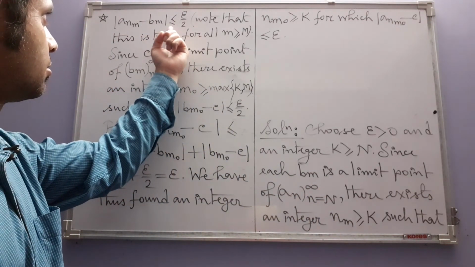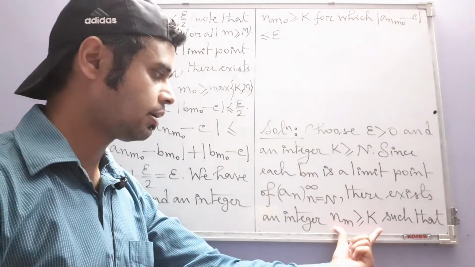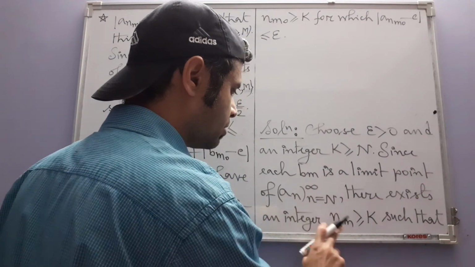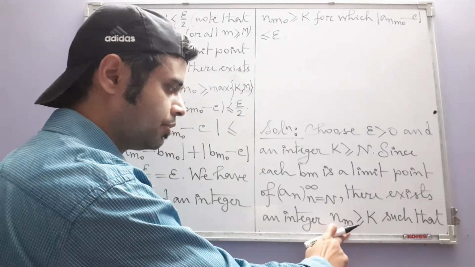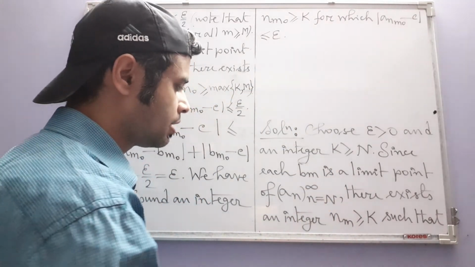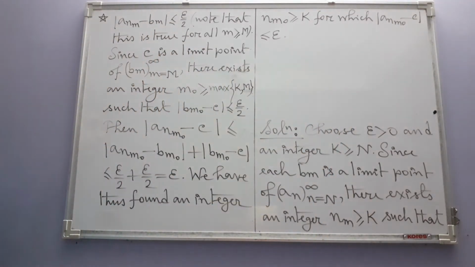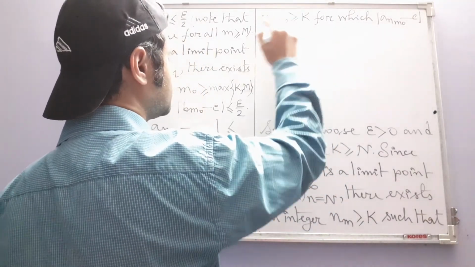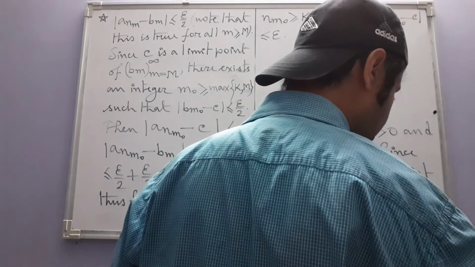In the process of getting these inequalities, we have this in the middle, and this is true for all m. So in particular, this inequality, just like this one, is also true for m naught. That's what we have written, and this m naught itself is an integer greater than or equal to k, for which this is true. In other words, if this notation seems somewhat confusing, you can write like this.